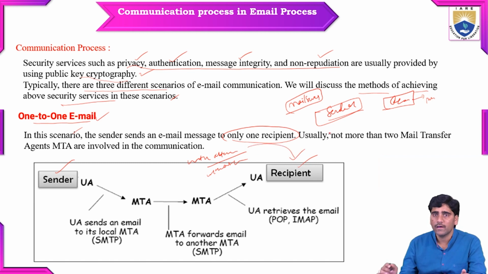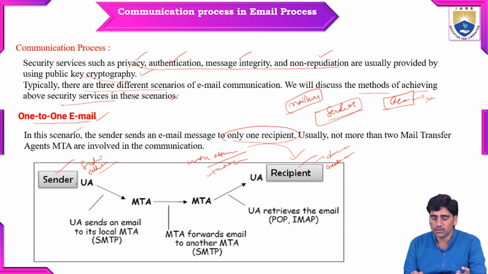Similarly, the recipient has the same feature: downloading the attachments as well as reading the messages, or opening the mail. So how does the one-to-one communication process work?